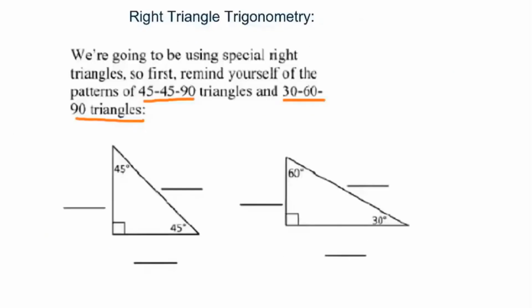We know that for the SAT test, for a 45, 45, 90 triangle, we label these two legs as 1, 1. Then the hypotenuse is square root of 2.